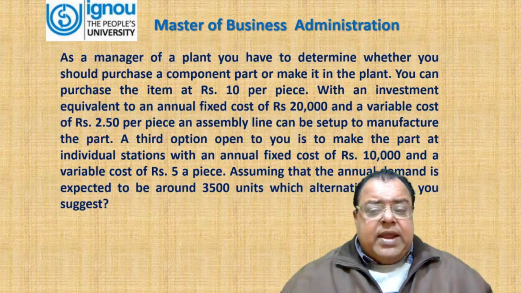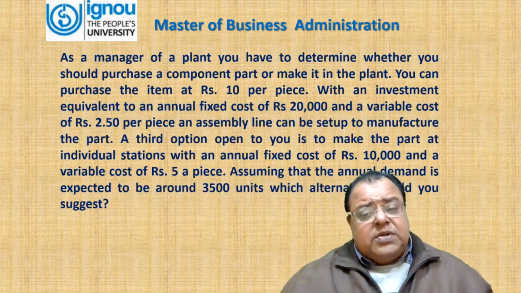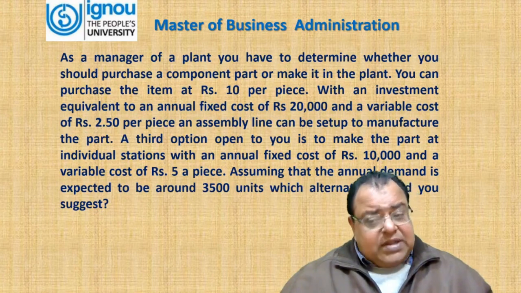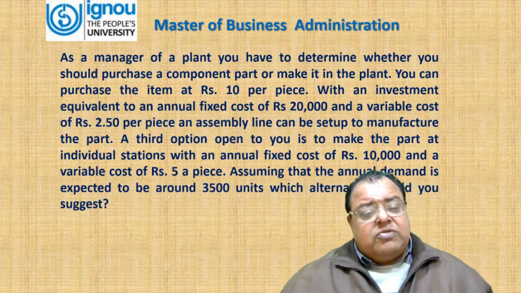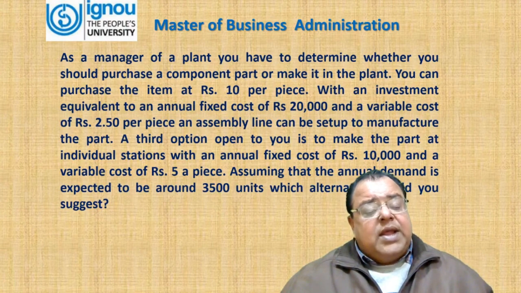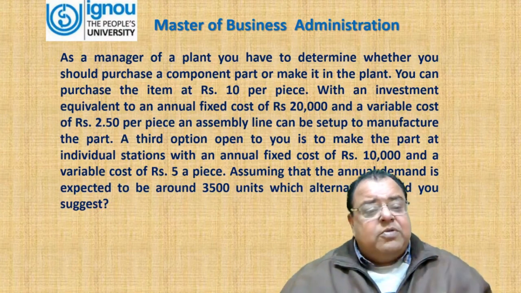An assembly line can be set up to manufacture this part. The third option open to us is to make the part at an individual station with an annual fixed cost of rupees 10,000 and a variable cost of rupees 5 apiece. Assuming that annual demand is expected to be around 3,500 units, which alternative would you suggest?